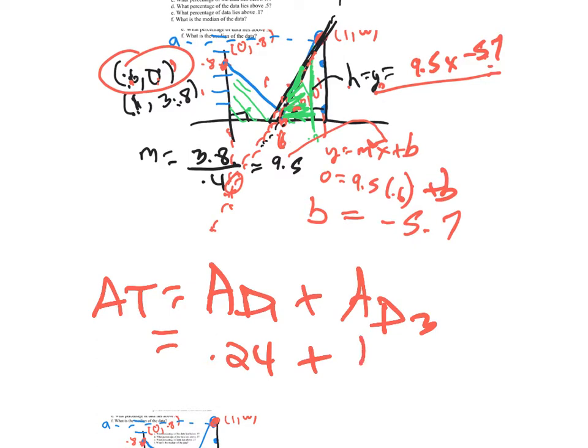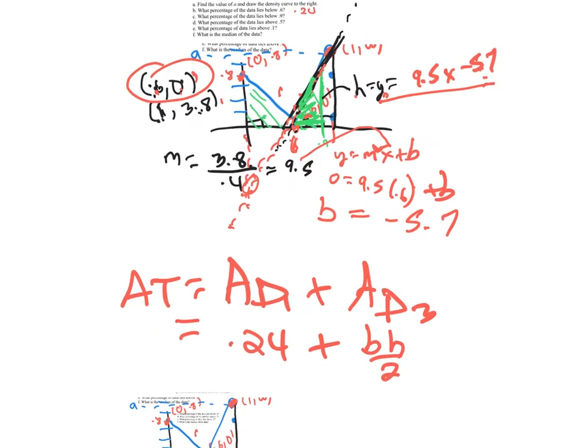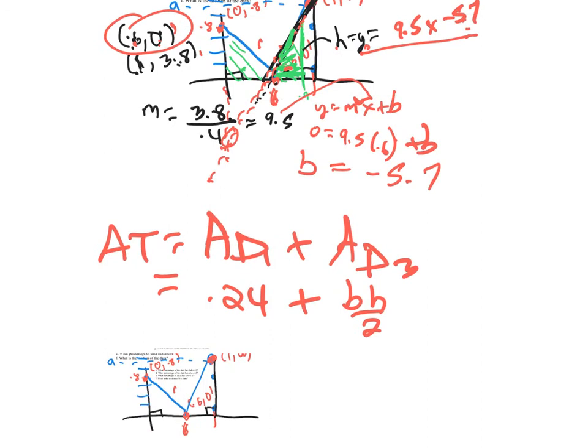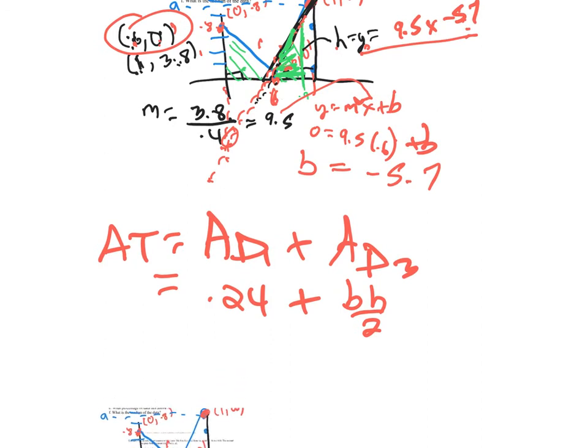Plus base times height divided by 2. Somebody's going to have to do some work for me because now I've got to plug in some numbers. Equals 0.24 plus... What's the base of the green triangle? 0.3. It isn't 0.4.